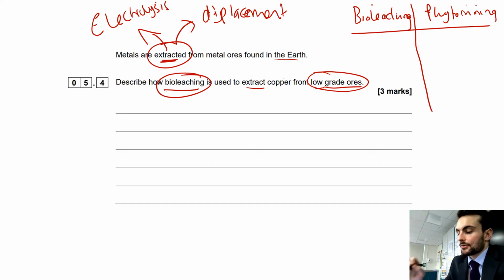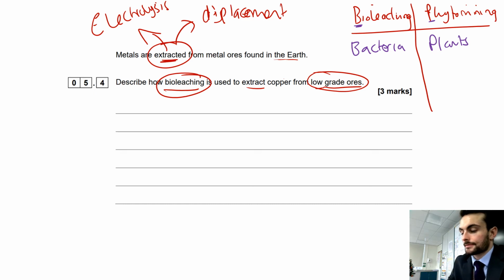The easy way to remember which one's which: bioleaching begins with a B, that's the one that's using bacteria, and then the other one, phytomining, begins with a P, that's the one that uses plants. Easy way to remember it. So then we have a look answering this question. I mean, we get the first mark for literally saying it uses bacteria.